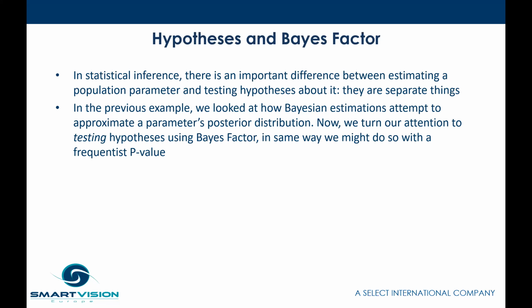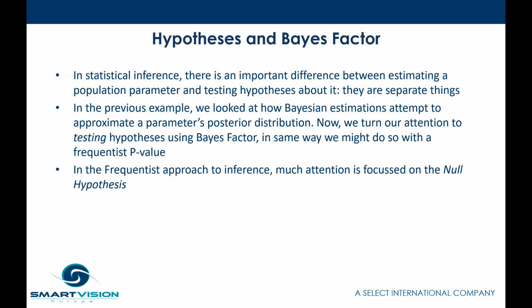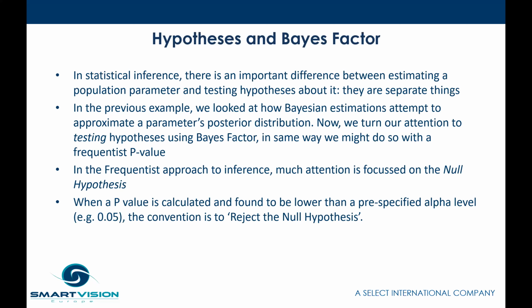In the previous example, we looked at how Bayesian estimations attempt to approximate a parameter's posterior distribution. Now we turn our attention to testing hypotheses using Bayes factor in the same way that we might do using a frequentist p-value. In the frequentist approach to inference, much attention is focused on the null hypothesis. Remember, we're always talking about, can we reject the null hypothesis? When the p-value is calculated and found to be lower than a pre-specified alpha level, such as 0.05, the convention is to reject the null hypothesis.